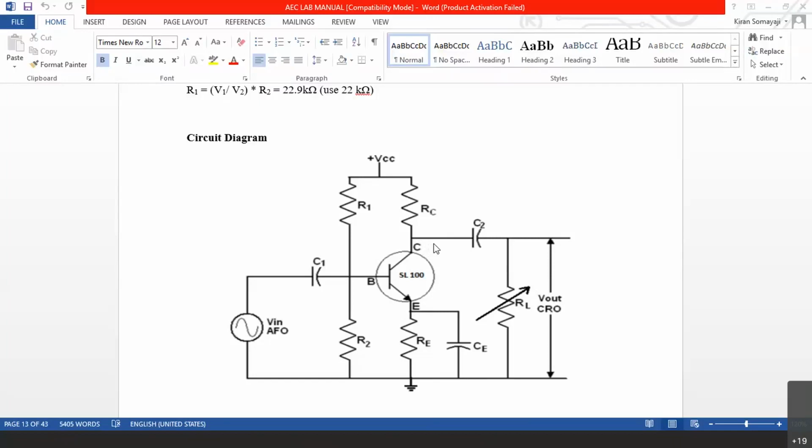Is the transistor on or off? If you get 10 volts at the collector, then it simply means that whatever is the voltage here is appearing here, there is no current flowing here. When there is no current flowing here, it means that the transistor is completely off.